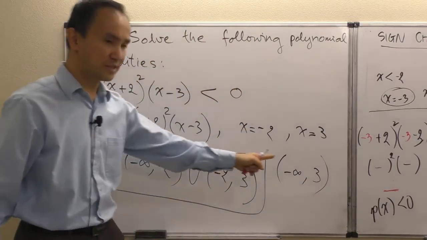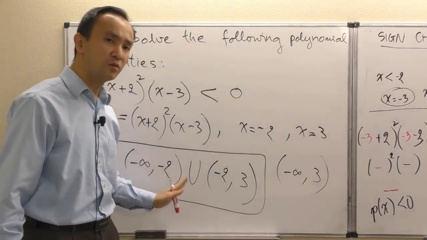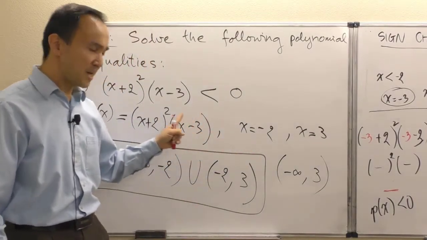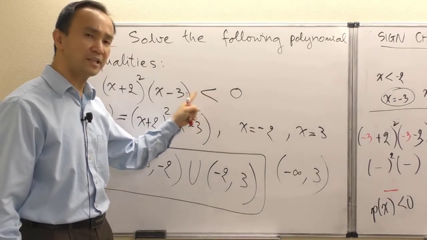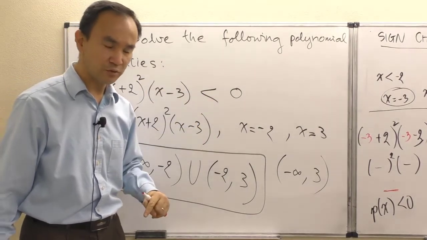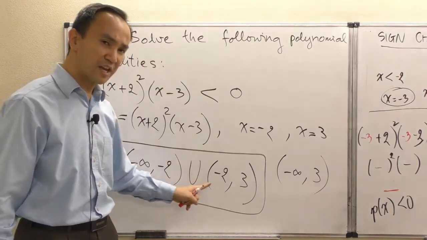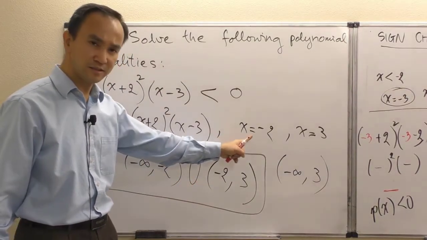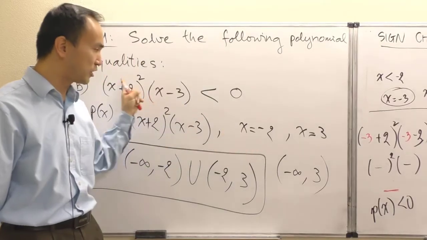The truth is, this interval cannot be accepted. It's not because the union is wrong, but in this case we just want the values of x that cause the polynomial to be strictly below 0. When x equals negative 2 precisely, the polynomial equals 0.